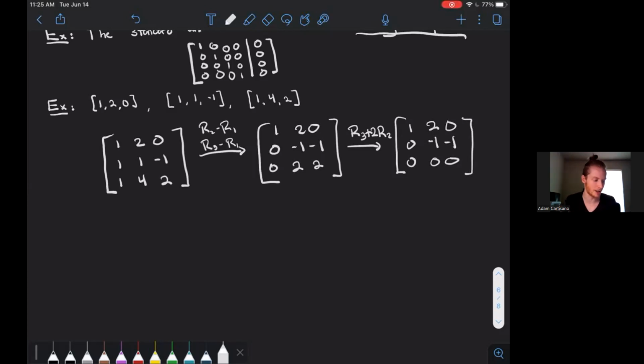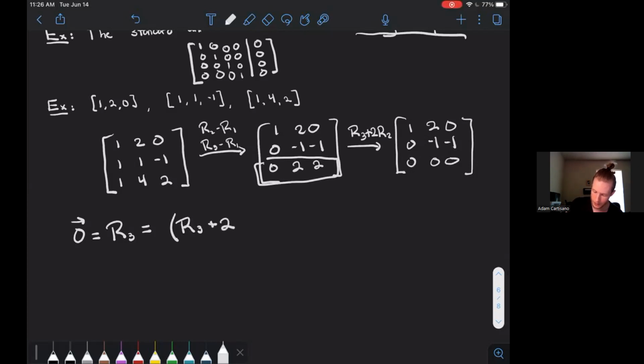So let's just reverse engineer what we did to get it. The zero vector is the bottom row, which was created by taking row 3 of this matrix, I'm going to abuse notation here, plus 2 times this row 2.